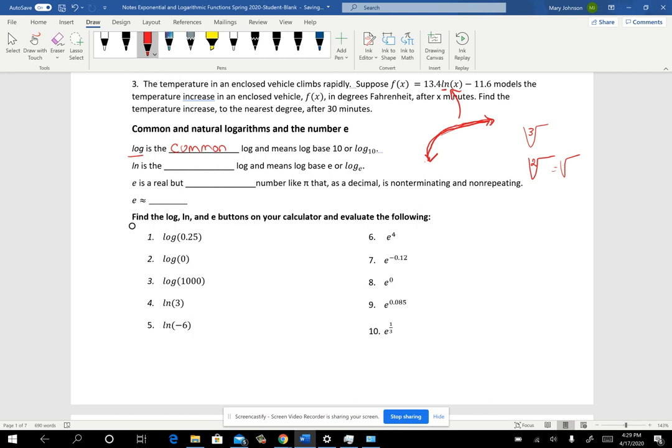Same thing with log. And then like in this model up here, natural log is also a logarithm, but it's a different type. It's kind of like these are all roots, but you can have different types of roots. Roots are not logarithms, but I'm just making the analogy. There are a lot of different types of roots with various indices.